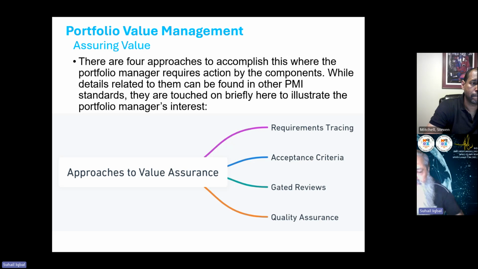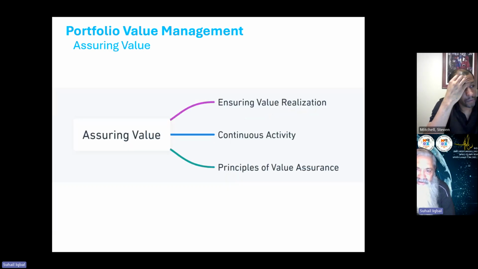And the fourth aspect is the quality assurance. So you keep a keen eye on these things. I've repeated this many times. I'll repeat it one more time: we don't want to micromanage the projects and programs. The only concern is that we want to assure the value, right?